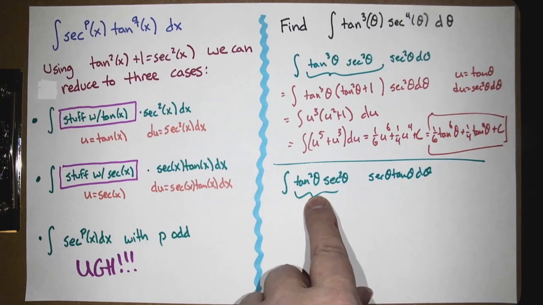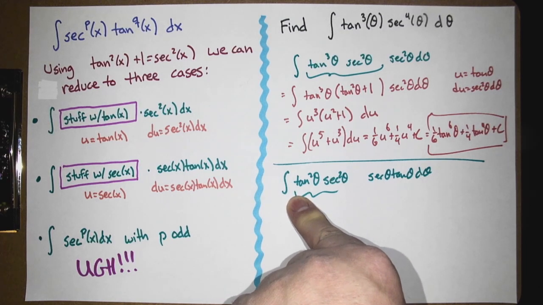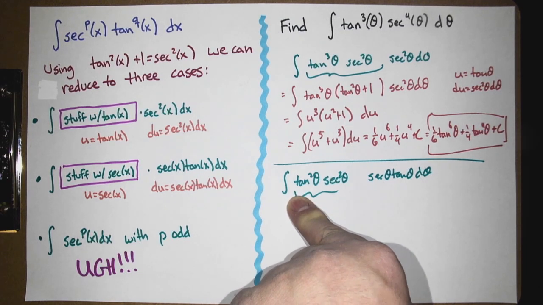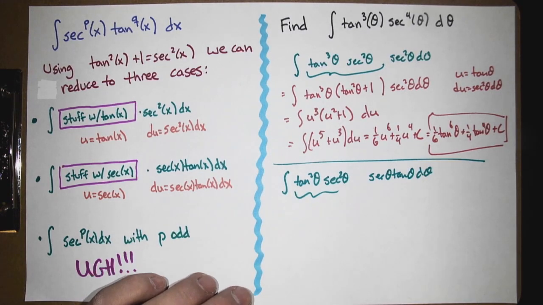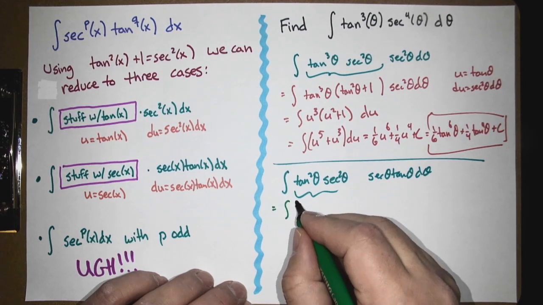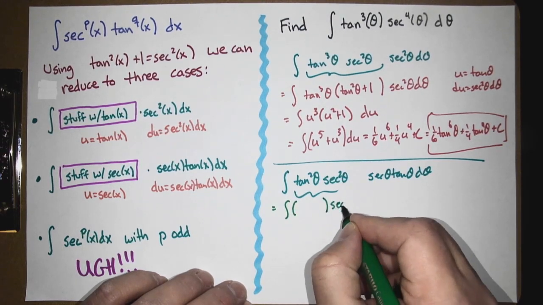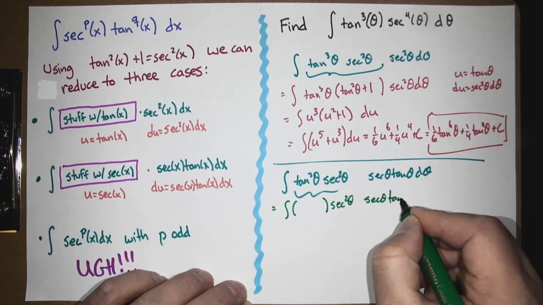Look at your tangents. Can you make your trade? You need tangent to an even power. Do we have that? Yes. So we replace the tangent by something times secant squared, and then we'll still have our secant theta, tangent theta d theta.